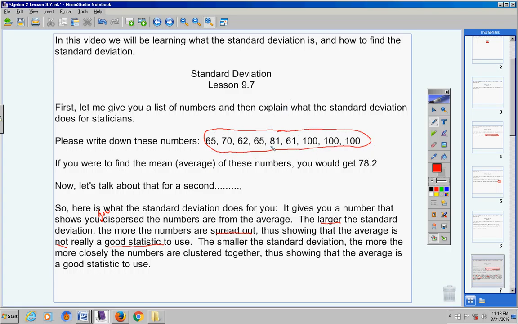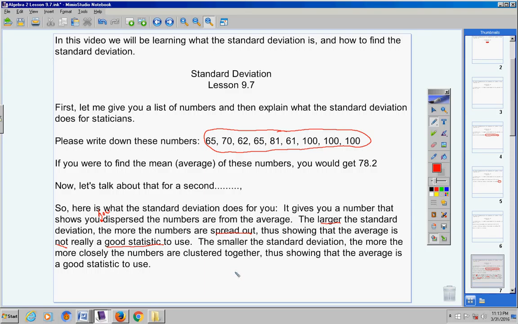If the number is large, then you know the numbers are spread out, and that's what's going to happen with these numbers here. The smaller the standard deviation, in other words, if the number is small, the more closely the numbers are clustered together, thus showing that the average is a good statistic to use. We'll talk more about this as we go through, but that's what the standard deviation does for you.